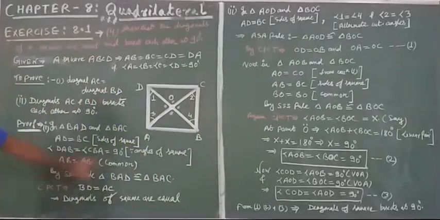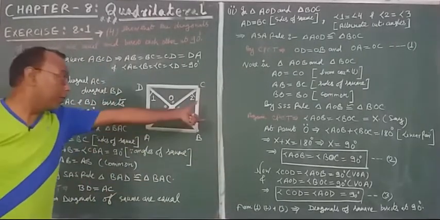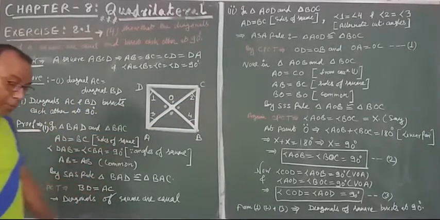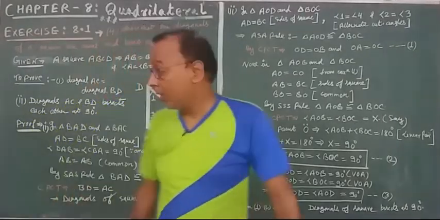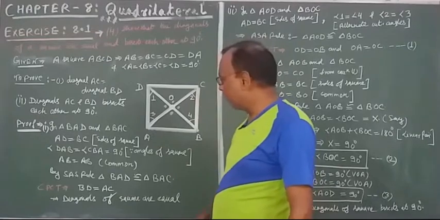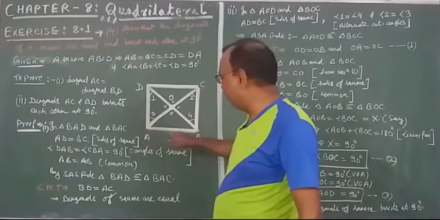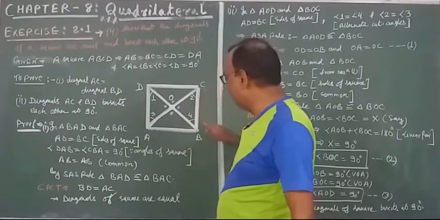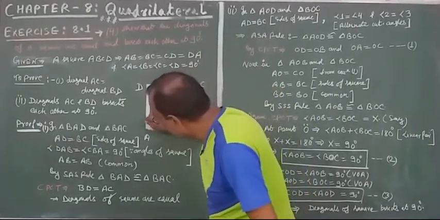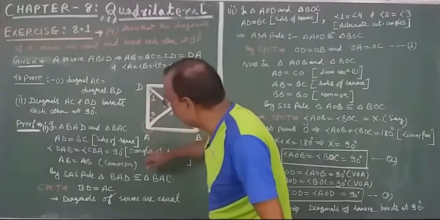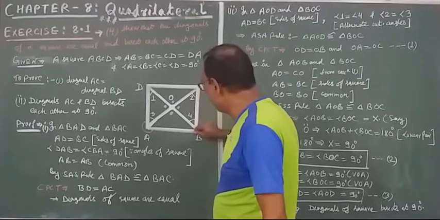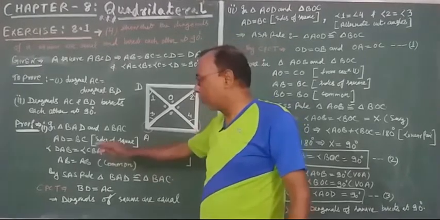Just look here. Its side AB is equal to side BC because they are the sides of a square and sides of the square are equal. Its side AD will be equal to BC. Just look at angle DAB and angle CBA. These values are 90 degree or not?